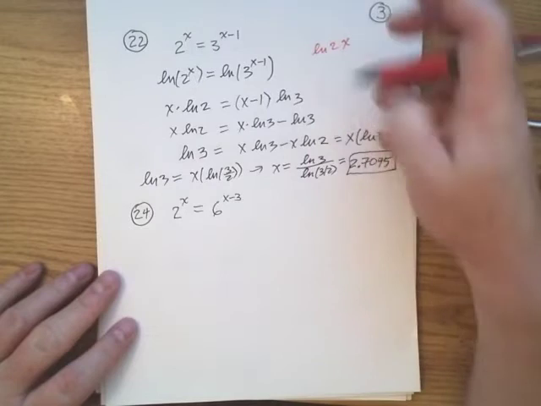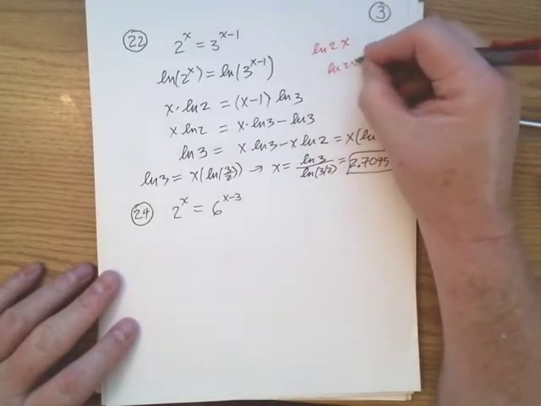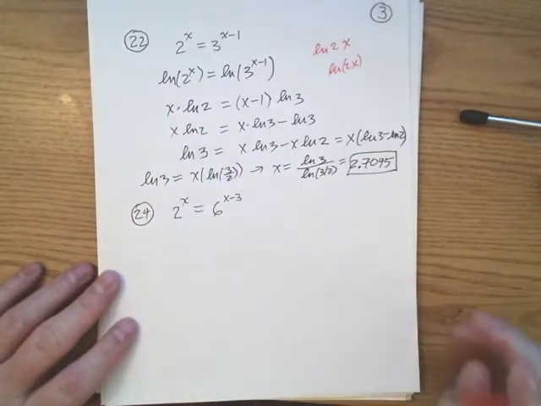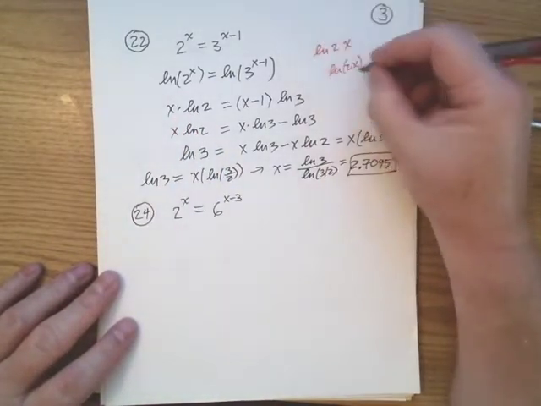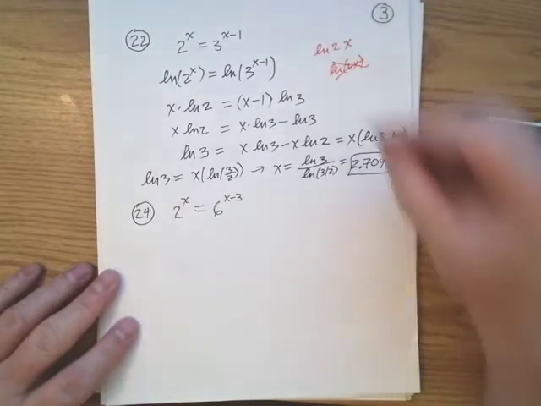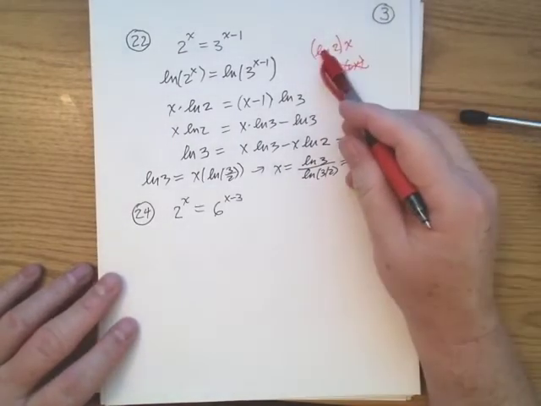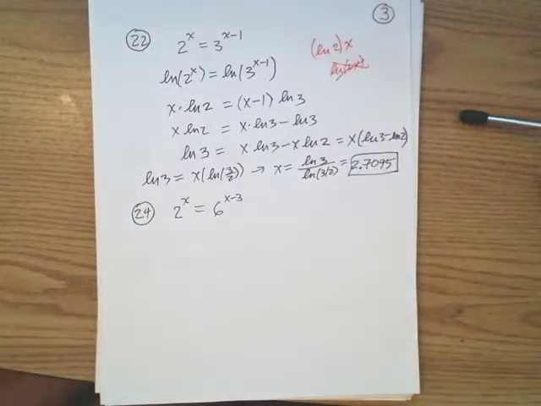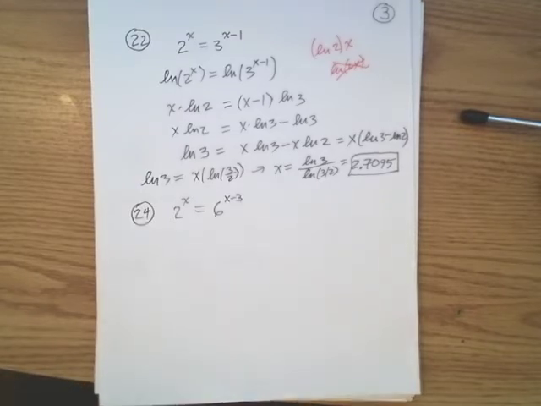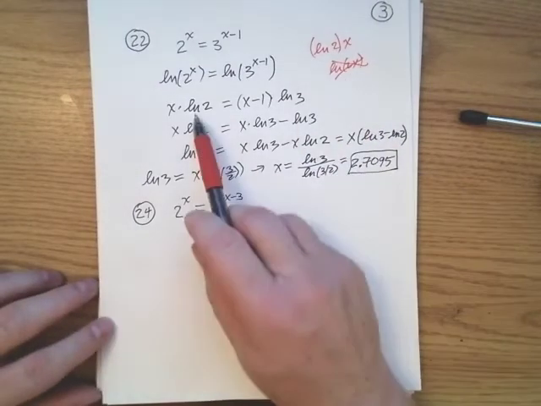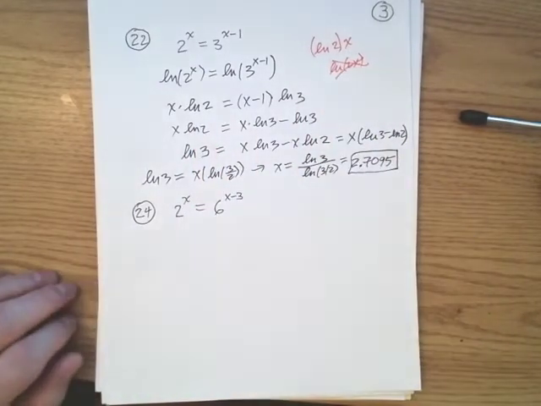That looks like the natural logarithm of 2x, right? Which is completely different than what? x times the natural logarithm of 2. So to avoid this situation, which is what you don't want, you would have to use parentheses like that. So you're saying the natural logarithm of 2 times the x. Okay? This is actually a shorter way of doing it. I save a little ink that way.